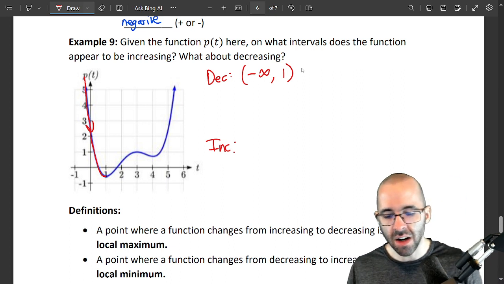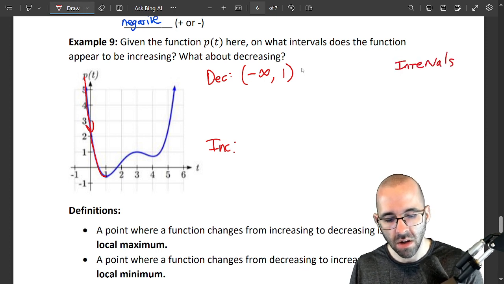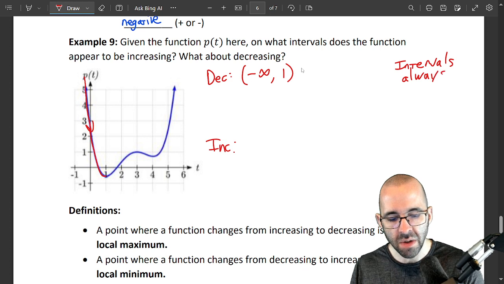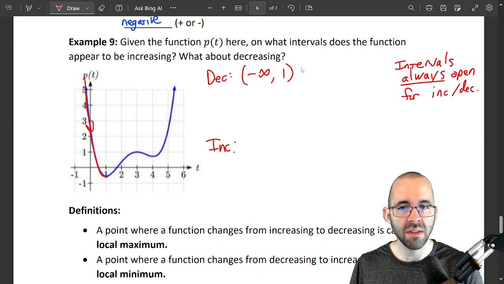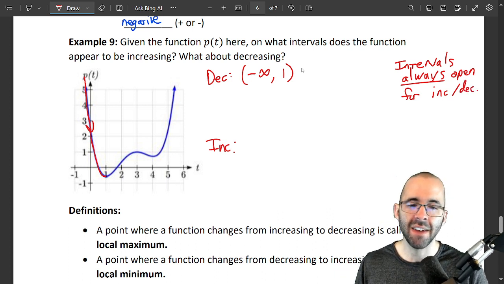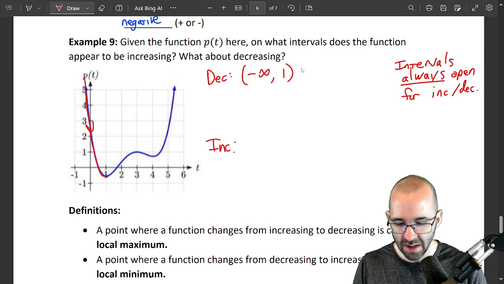And in fact, when we talk about increasing and decreasing intervals, these intervals are always open. Always open, always has parentheses for increasing and decreasing, because the transition points are always flat if it's continuous. Technically, if it's differentiable, but we won't get into those. Okay, where else is it decreasing?